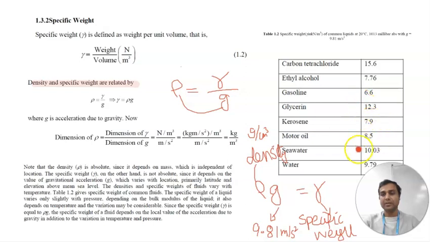This is the density of water at 20 degrees centigrade and at 1013 millibar pressure, with a value of g as 9.81. So it's 1013 millibar absolute pressure and 20 degrees centigrade. And all these densities are recorded at these temperature and pressure values.